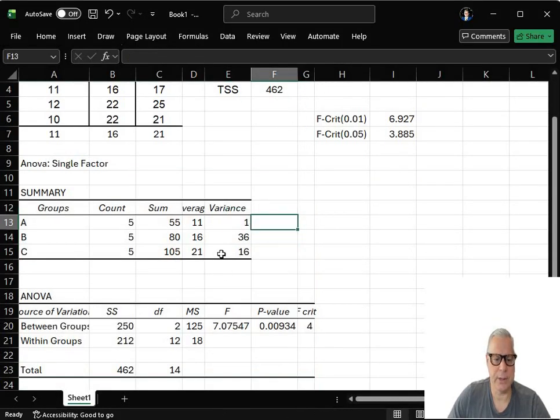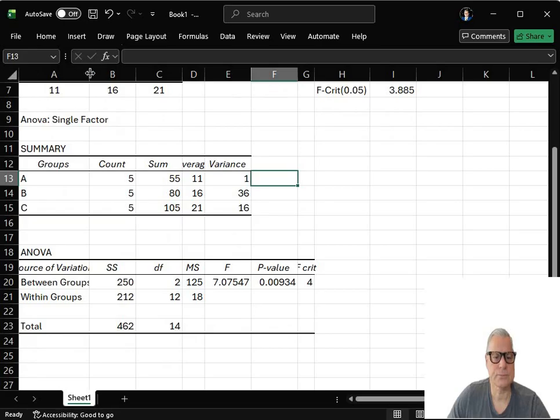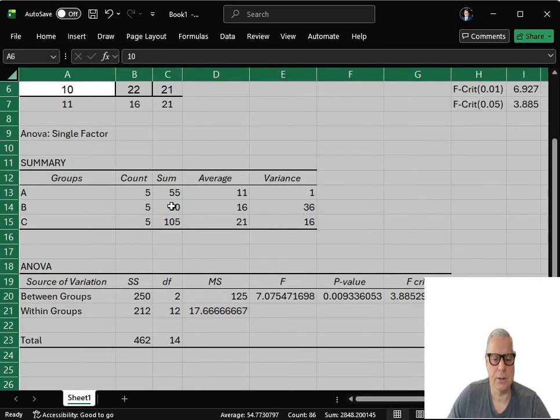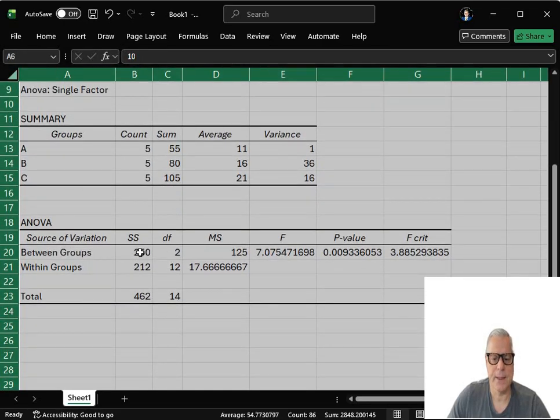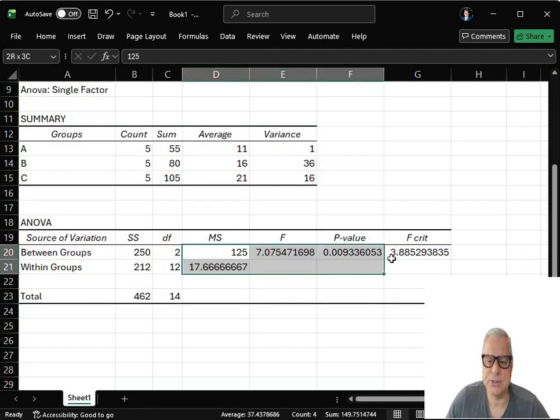Okay, so now what do we get? We have the same sums of squares, 462 and 212, the degrees of freedom, 2 and 12. Then the mean sums of squares, so that is all the same.